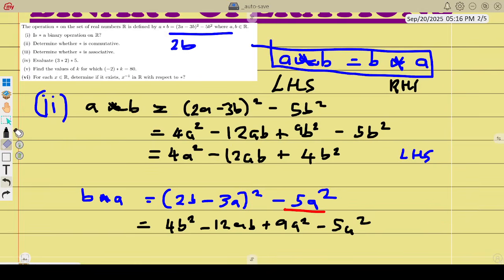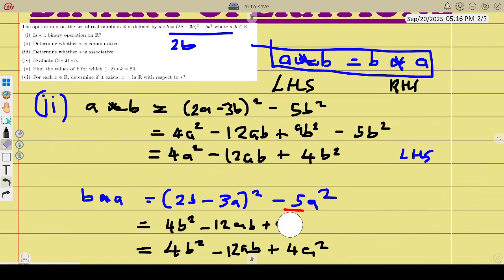At this point we simplify. I have 4B squared minus 12AB plus 9A squared minus 5A squared, which is 4A squared.